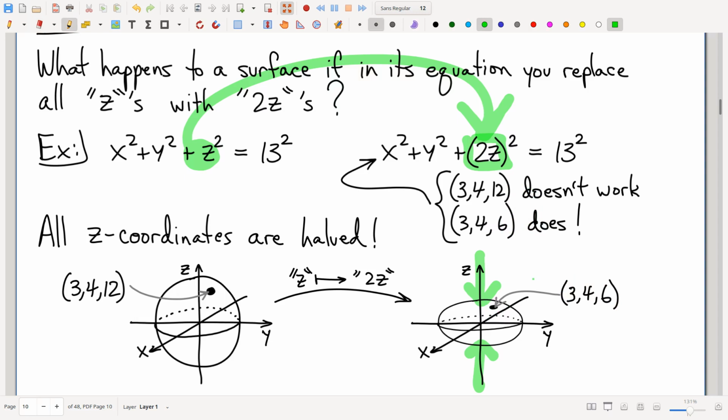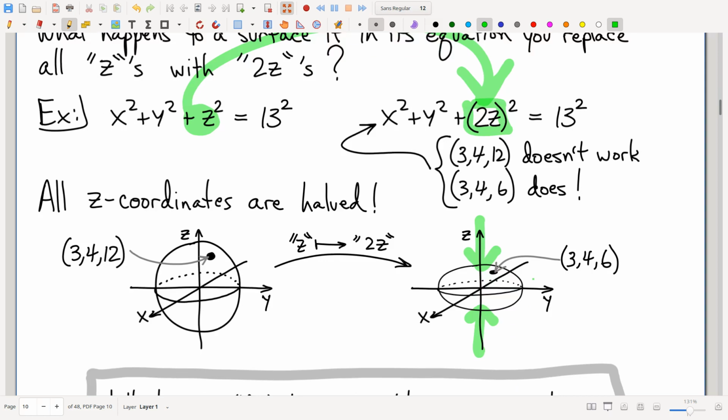If you replace every z with 2z, your surface just gets squished by a factor of 2 in the z direction. Everybody on board? I'm going to say it a little bit differently. Whatever you do to the equation in this very specific sense, I introduced an extra factor of 2 in the equation.